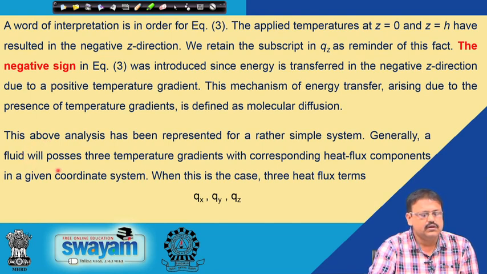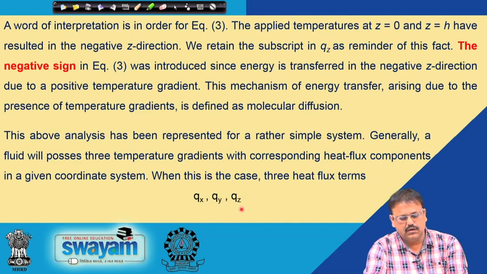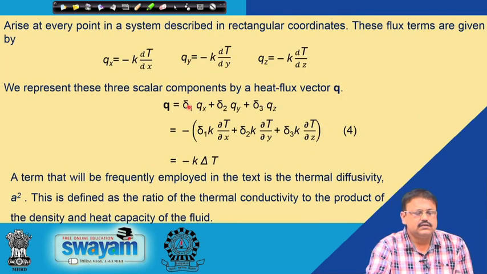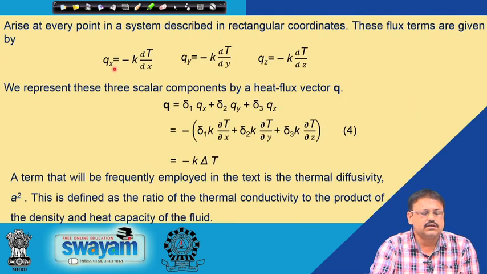The above analysis has been presented for a rather simple system. Generally, a fluid will possess three temperature gradients with corresponding heat flux components in a given coordinate system. When this is the case, three heat flux terms qx, qy and qz will be there, and we can write qx equals minus k dT/dx, qy in the y direction equals minus k dT/dy, and qz equals minus k dT/dz, based on the x, y, z directions.